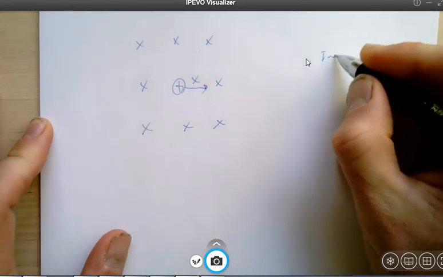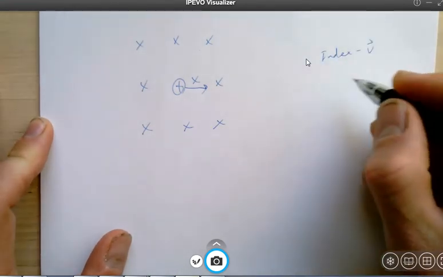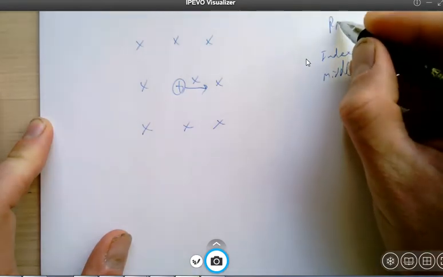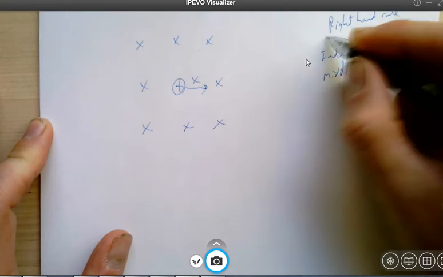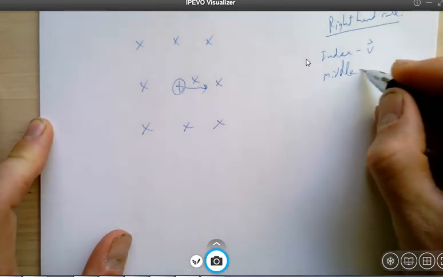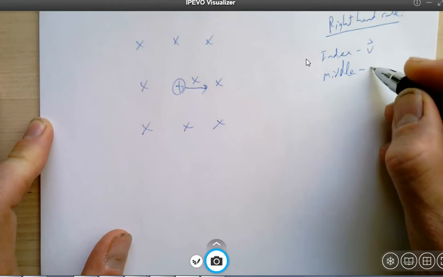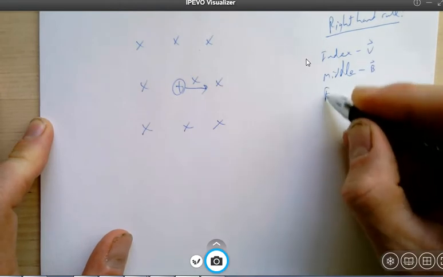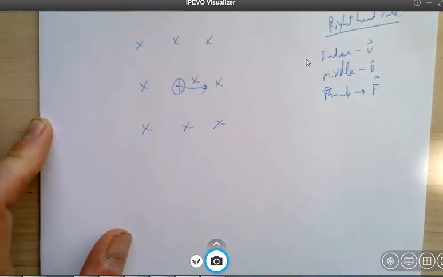My index finger is pointed in the direction of the velocity vector, the middle finger is pointed in the direction of the magnetic field, and the thumb will be pointed in the direction of the resultant force.